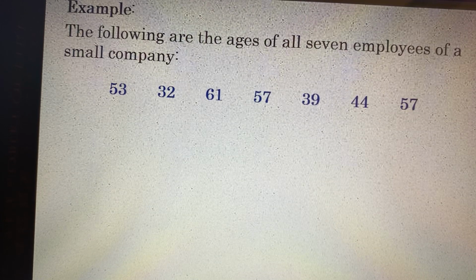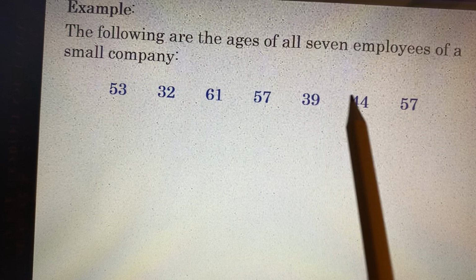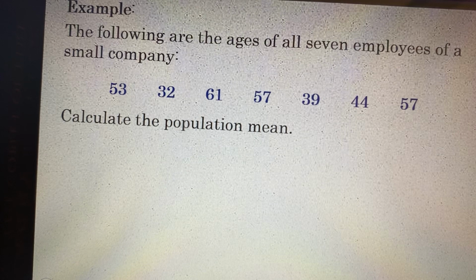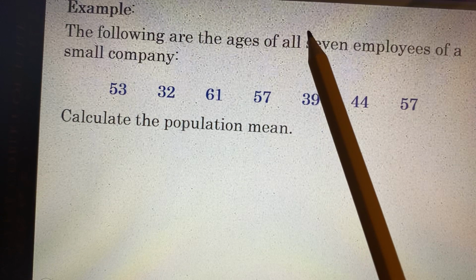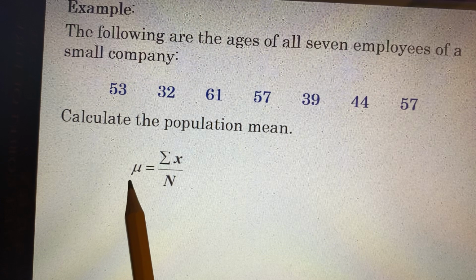An example: the following are ages of all 7 employees at a small company. So 1, 2, 3, 4, 5, 6, 7 data entries. To calculate the population mean, and this would be a population mean because we're using all of the employees, small company, only 7 employees, we're going to get mu by taking all of your data entries, finding the sum of them, and dividing by the number of entries.